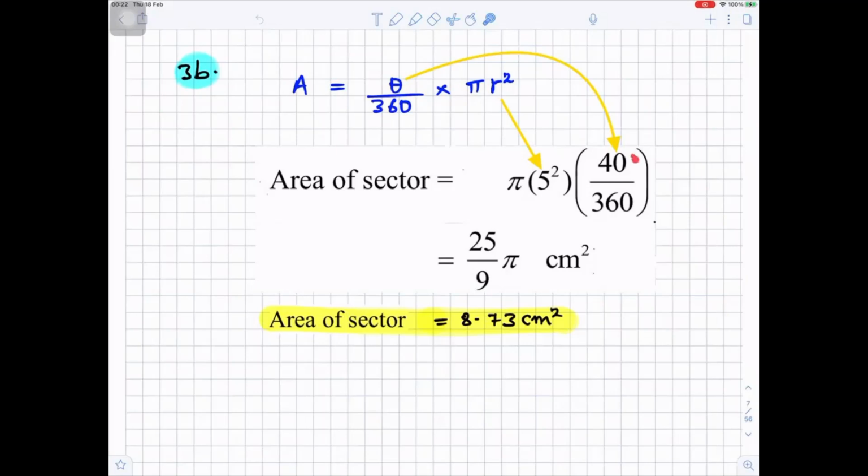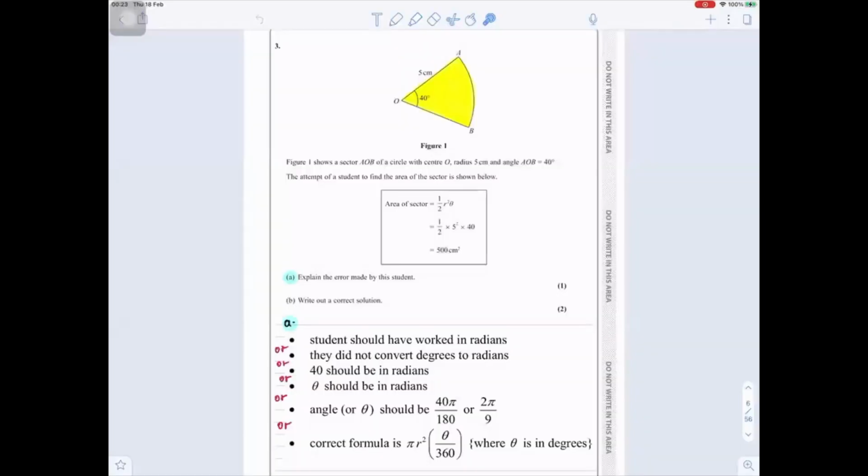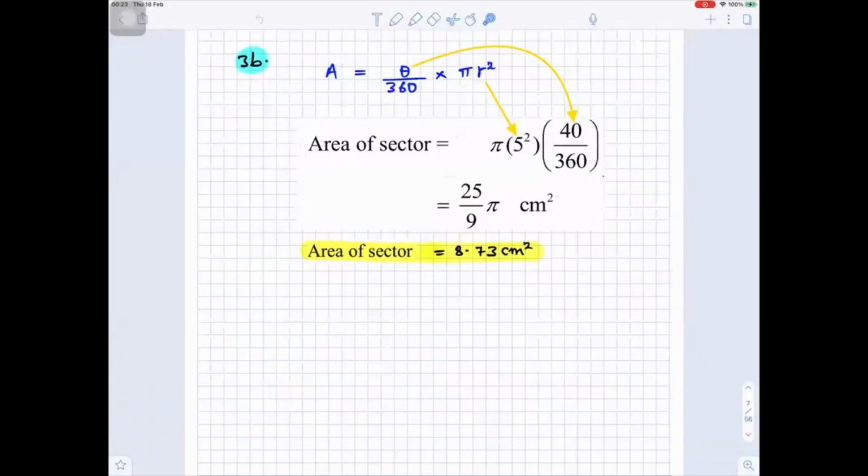The angle is 40 divided by 360 times radius 5 squared times pi. That gives you 25 over 9 pi centimeters squared, which would give you 8.73 centimeters squared. That's question 3, the answer to question 3a and the answer to question 3b.